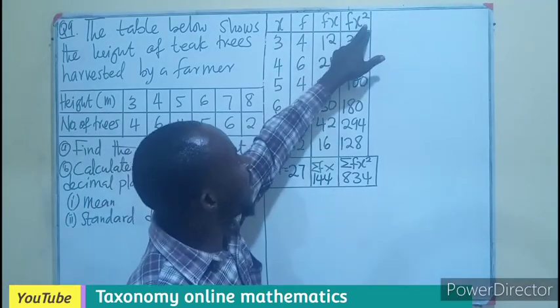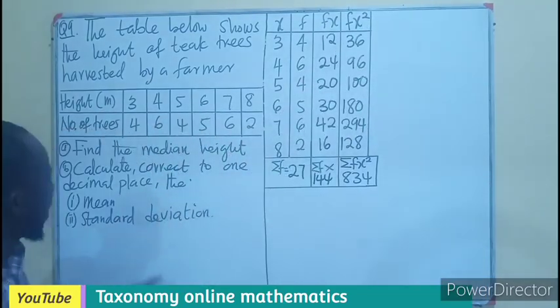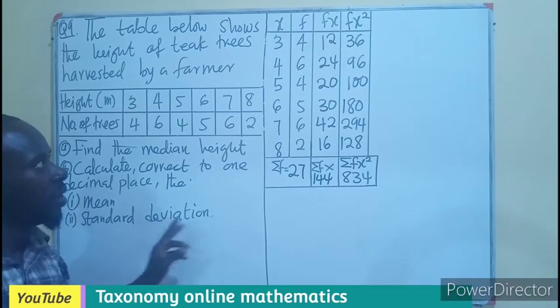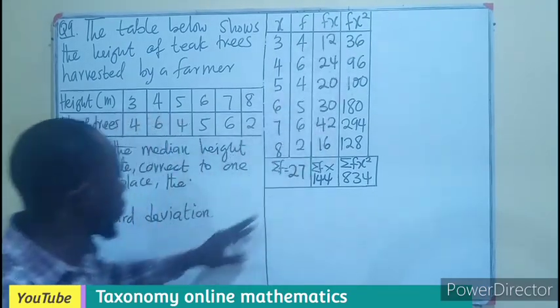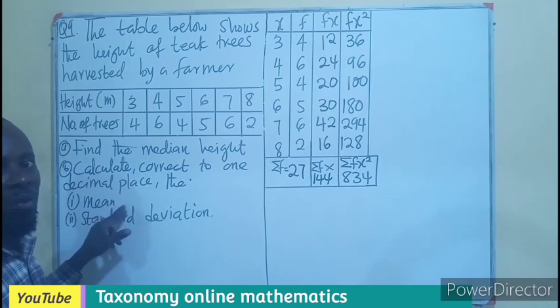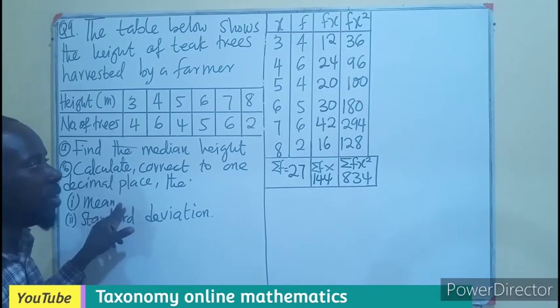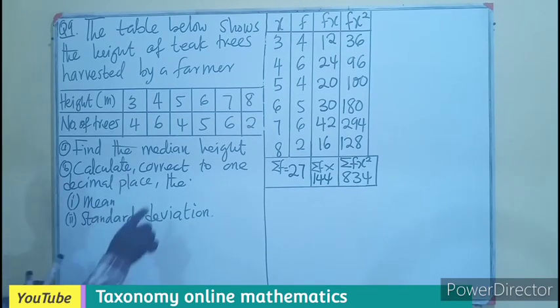So all this column is the product of f and x, the frequency and the data. Now, I am finding this because of the standard deviation. The fx is also going to be used to find the mean. So right away, let's find the median.